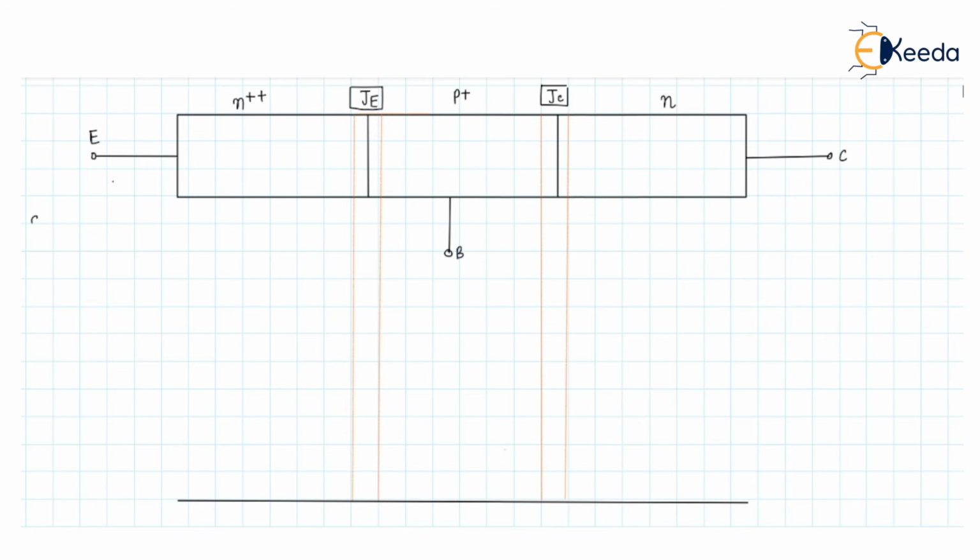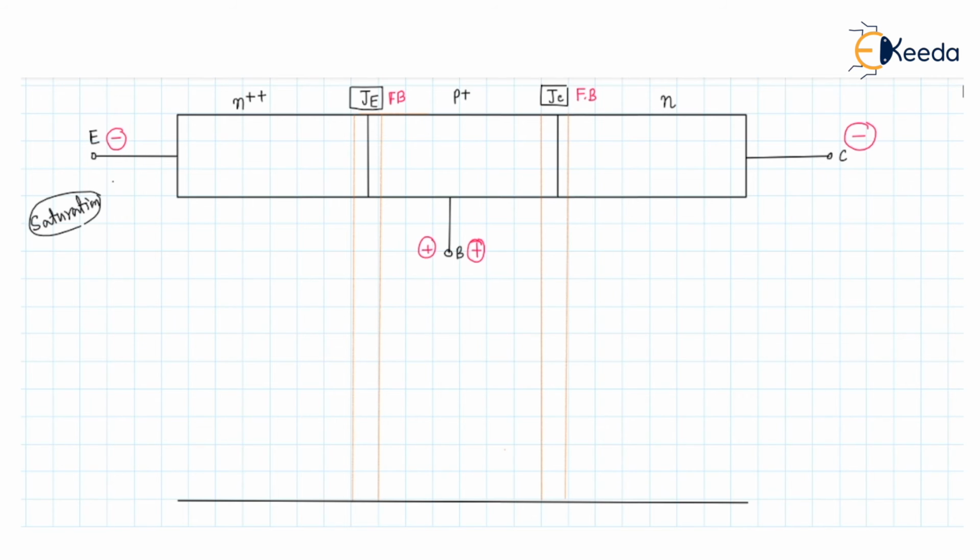So for the saturation region of operation, we have to make the JE junction forward biased as well as the JC junction also forward. For that, we have to give a negative potential at the emitter and a positive potential at the base. It will make the JE junction forward biased. Similarly, if we apply a negative potential at the collector and a positive potential at the base, then this will make the JC junction forward biased.